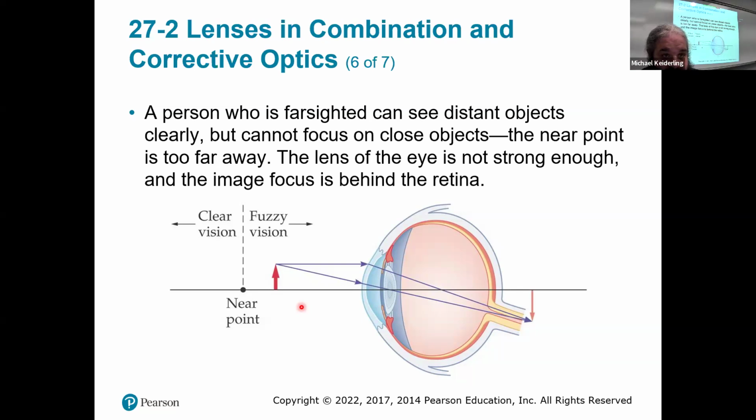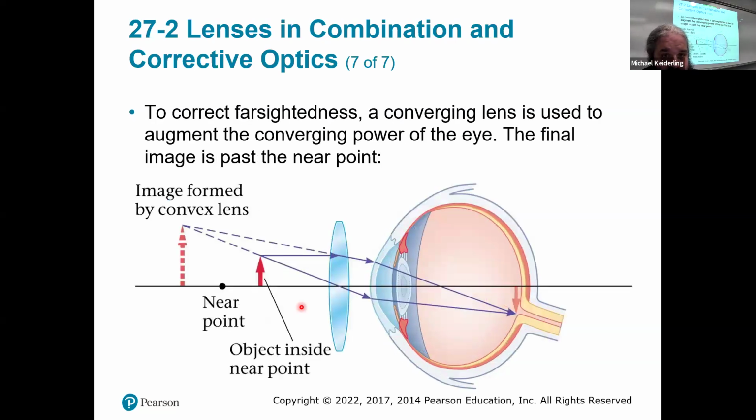So for this, the corrective lens is a converging lens. And it brings the final image past the near point. So the object is inside the near point, and the image formed by a convex lens brings it out beyond the near point.